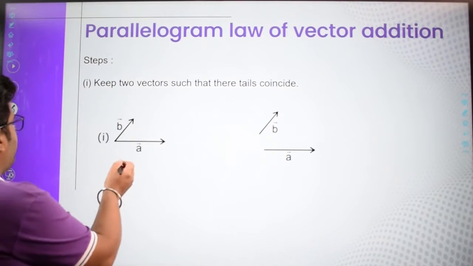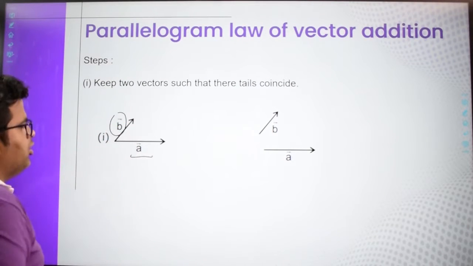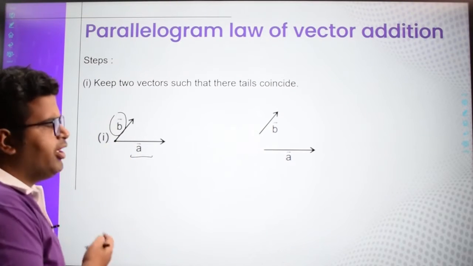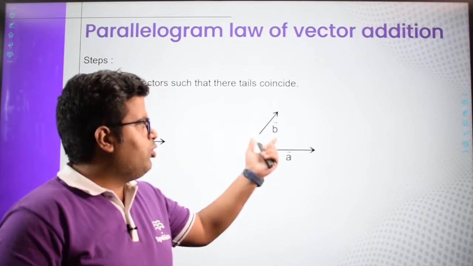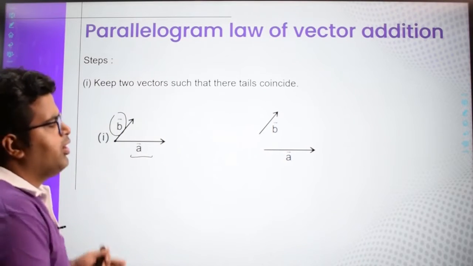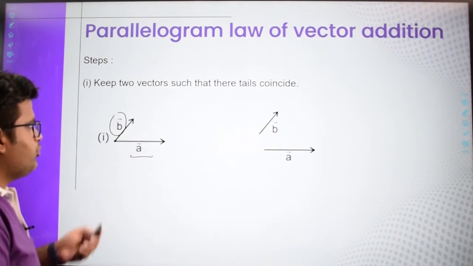Suppose this is your A vector, as you can see, and this is your B vector. Now you can see that their tails are coinciding, right? So you have taken two vectors, A vector and B vector, and you have kept them in such a way that their tails are coinciding.